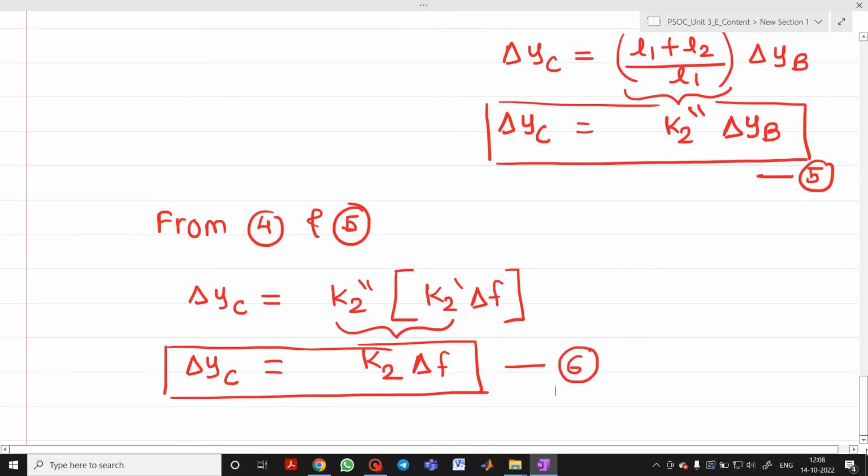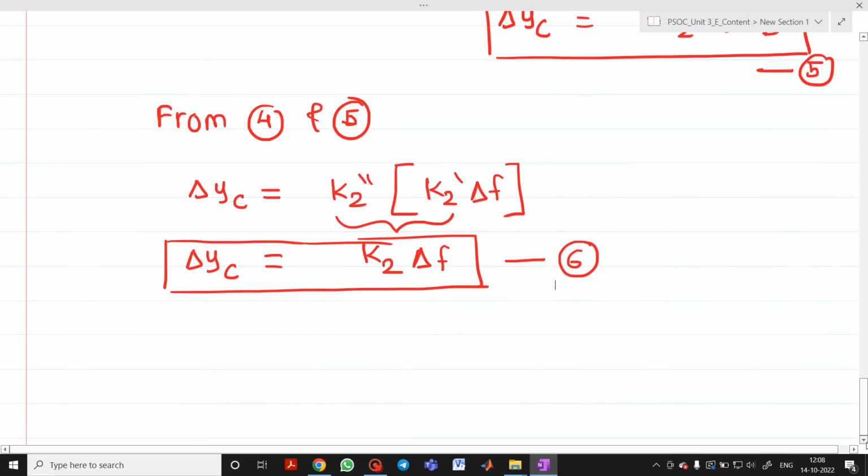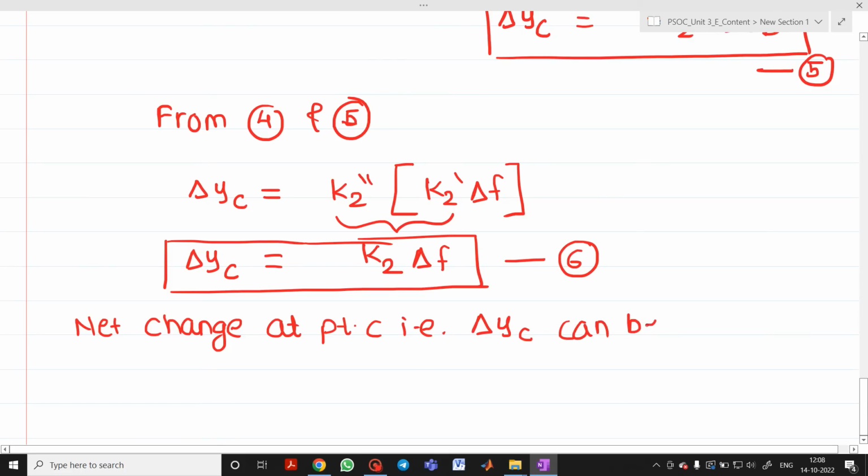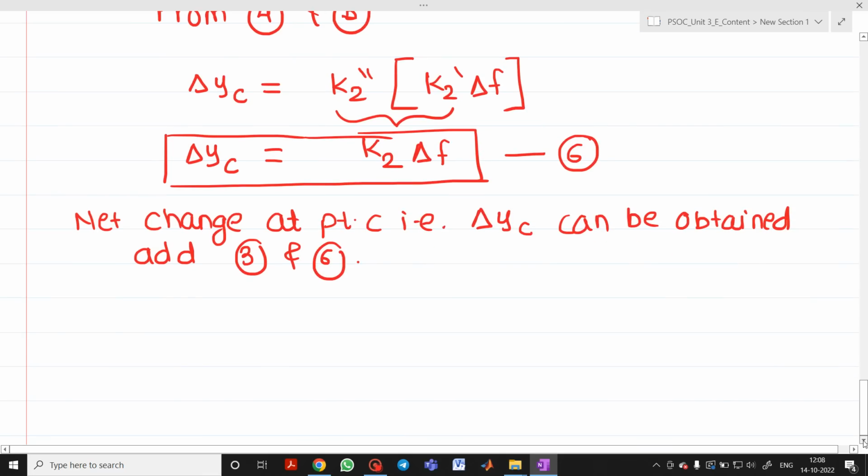Now if we want to write the net change at point C, how can it be obtained? Let's add equation number 3 and equation number 6. Basically here we are using the superposition theorem in mathematics.